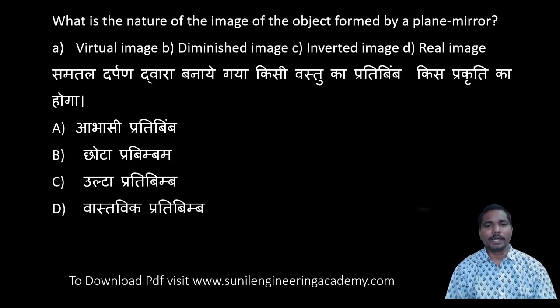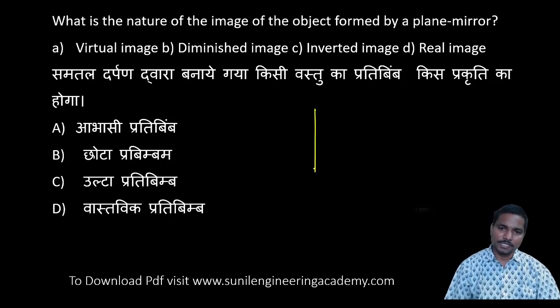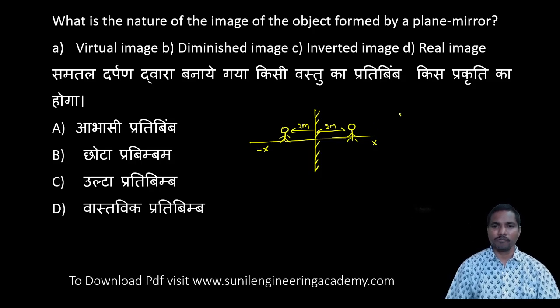What is the nature of the image of the object formed by a plane mirror? If it is a plane mirror, okay, if you place any object here, let us take 2 meter before the mirror, the image is formed at the same distance, 2 meter behind the mirror. So that means if you place it on the negative x-axis, you will get it on the positive x-axis. That means you can say it is virtual.